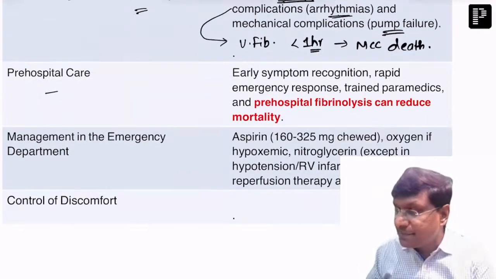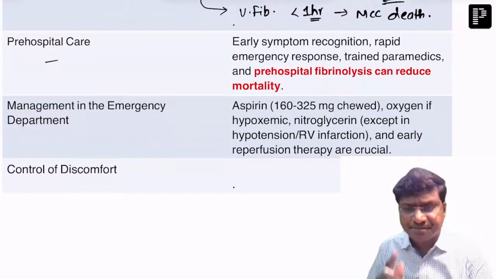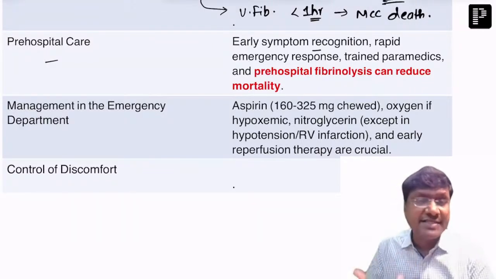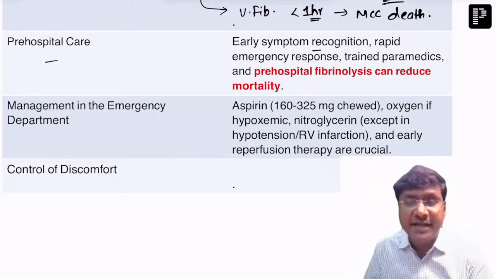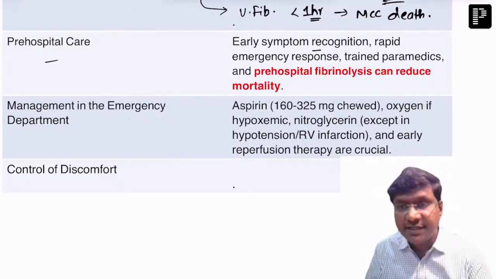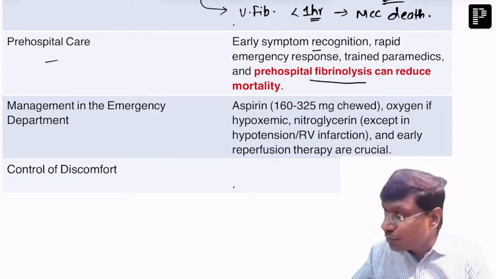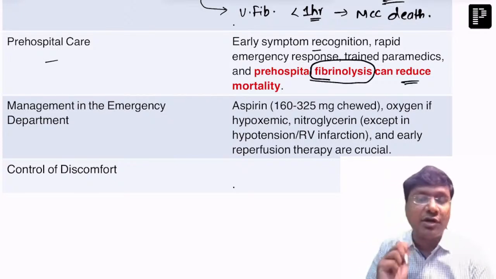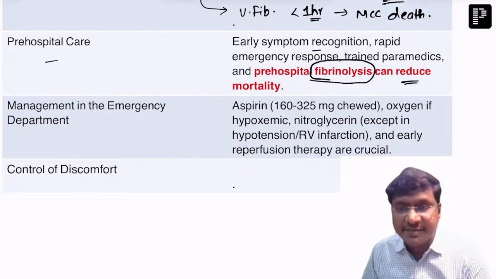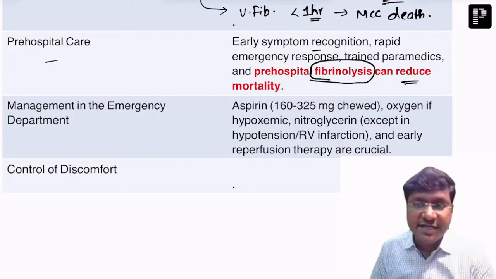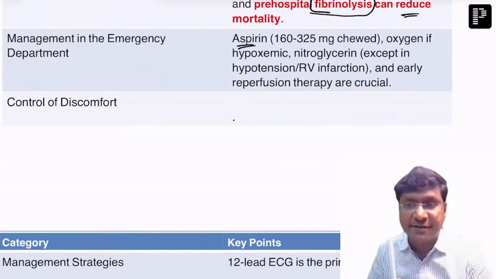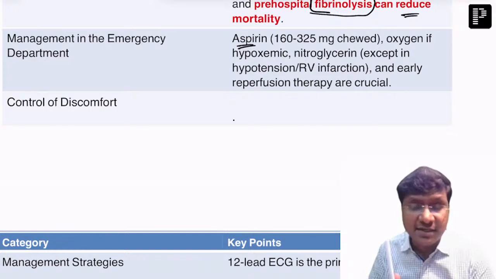And what is the pre-hospital care that you need to give? First and foremost, early symptom recognition and rapid emergency response. And if you do a pre-hospital fibrinolysis, that will reduce the mortality rate in patients with STEMI. And in the emergency department, what do you need to do? First and foremost, you need to give aspirin, which the individual has to chew.